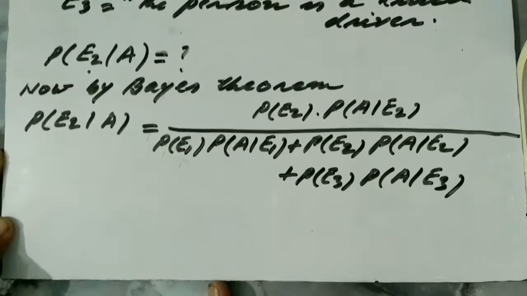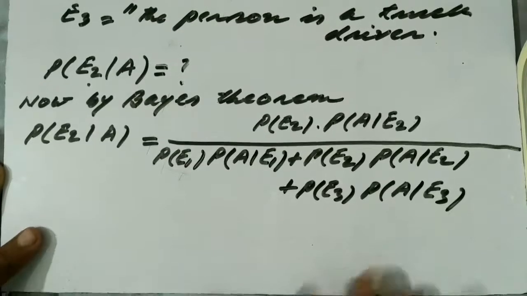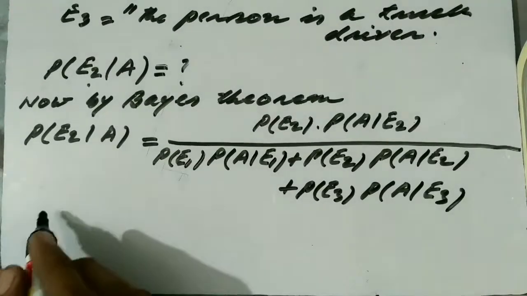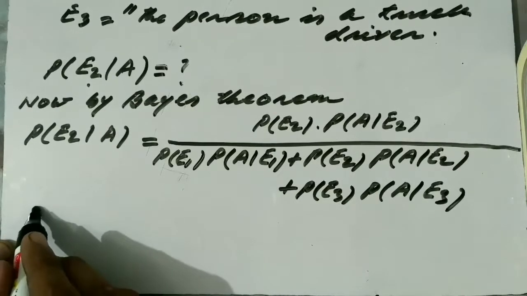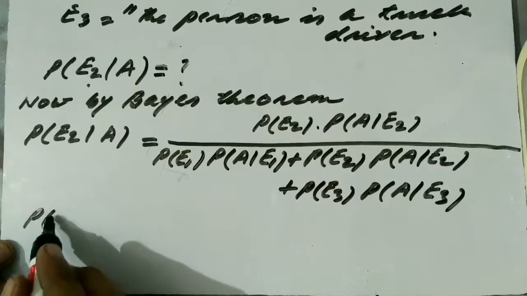So first we write this in the form of the formula of Bayes theorem. It helps us think about what we have to find out.